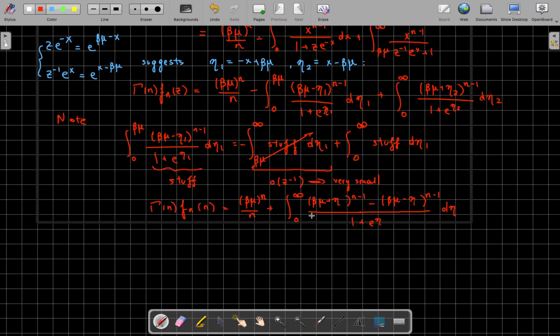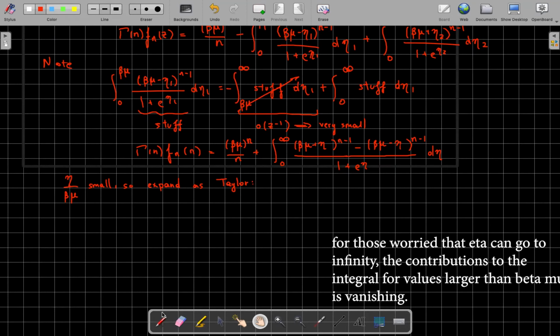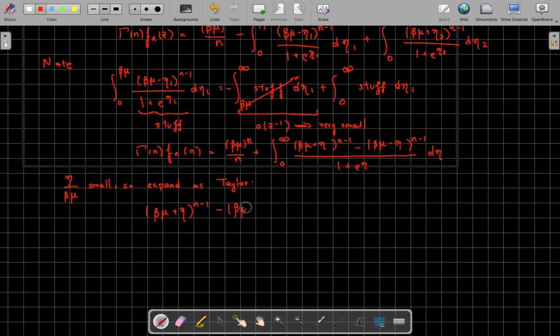Now, we can expand the numerator in eta over beta mu, right? This is small. So if we expand as a Taylor series, what do we get? This is equal to beta mu plus eta to the n minus 1 minus beta mu minus eta to the n minus 1, approximately equal to beta mu to the power of n minus 1.